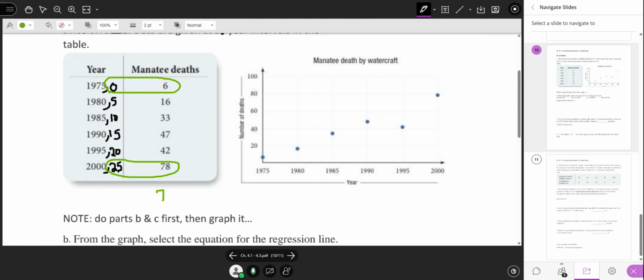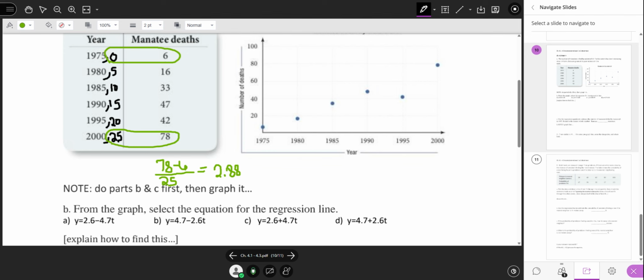So 78 minus 6 and 25 minus 0 is 25. So 72 divided by 25 gives you 2.88.